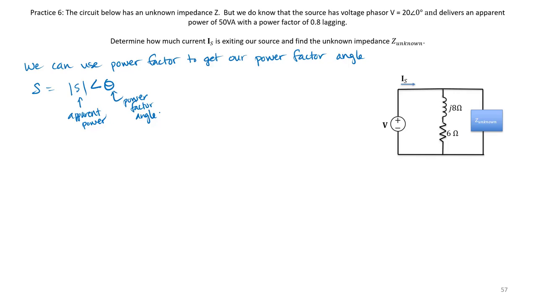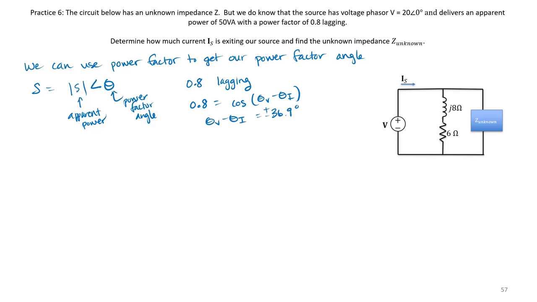So let's first ask ourselves about our power factor. We are given that our power factor is 0.8 lagging. What this means is that 0.8 is equal to cosine of theta v minus theta I. This also tells us, if we take inverse cosine, that theta v minus theta I must be either positive or negative 36.9 degrees.